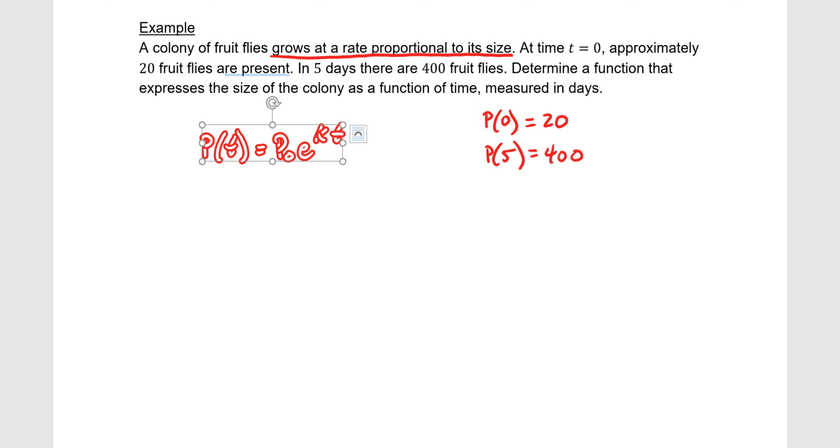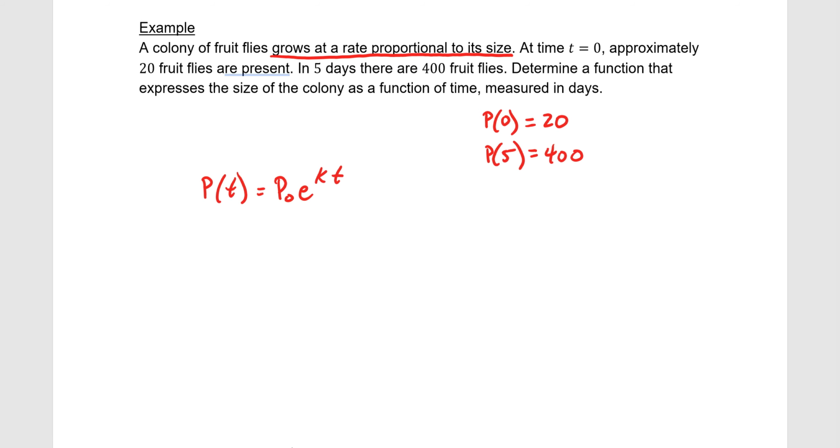And we should actually technically write that out. So t is days, and P of t is the number of fruit flies. Technically, you should always have this written out just so we know what the variables represent.